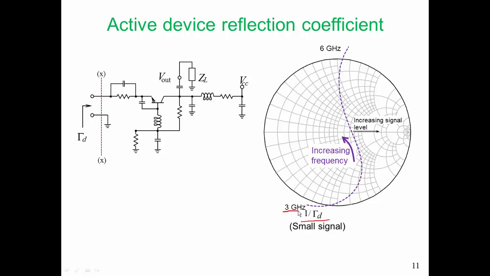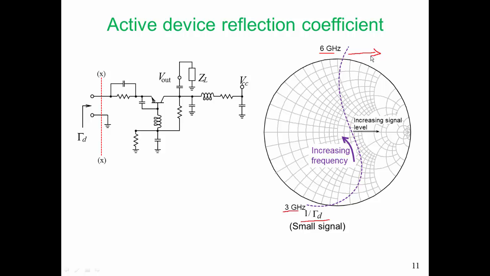We start from 3 gigahertz to 6 gigahertz, so it takes about 3 gigahertz to traverse the Smith chart. With the resonator network, it took about a gigahertz to make that transition. As the amplitude of oscillation increases, this curve moves to the right.